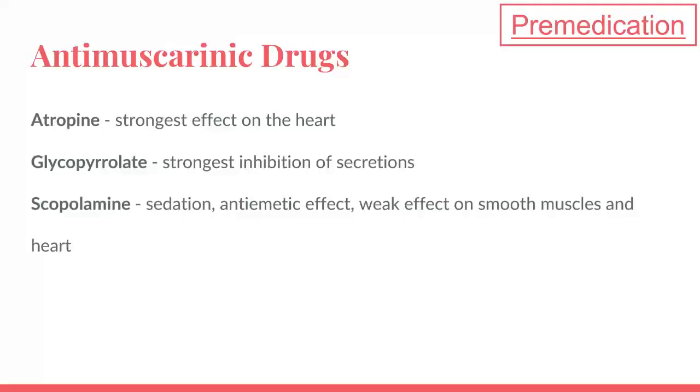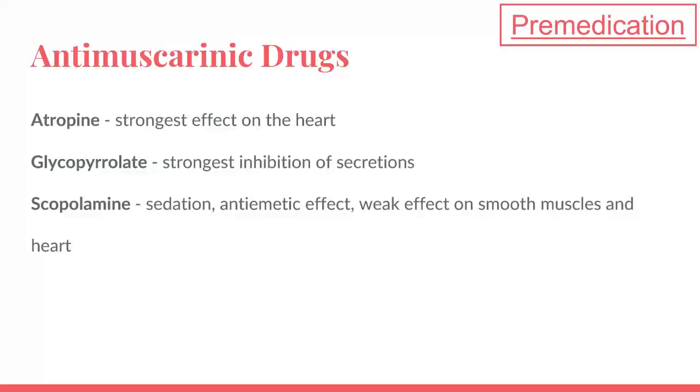M1 and M3 are found in the bronchi and salivary glands. Under normal conditions, stimulating these receptors causes bronchoconstriction and increased secretion. Therefore, when we have an antimuscarinic effect, we will see bronchodilation and secretion inhibition.